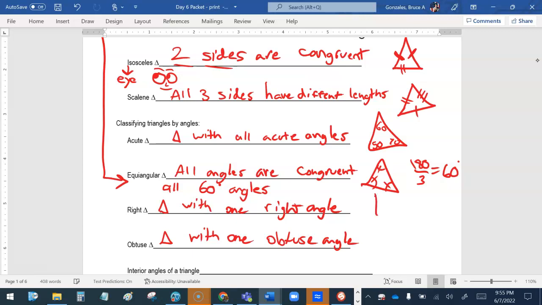So a right triangle looks like this. 1 right angle. An obtuse triangle, like 120 degrees or something.